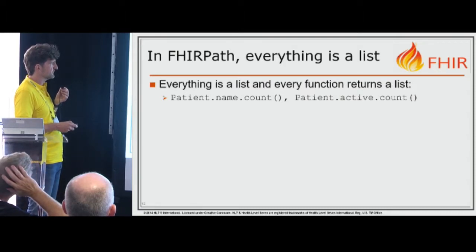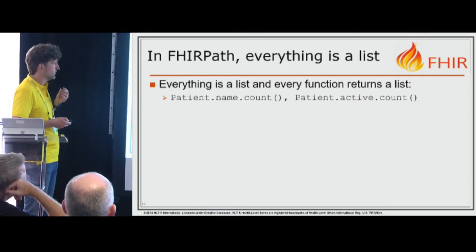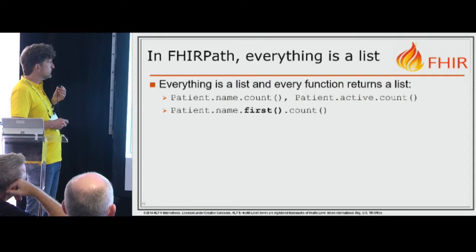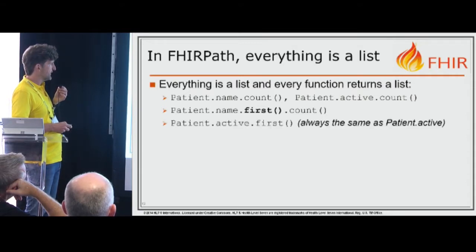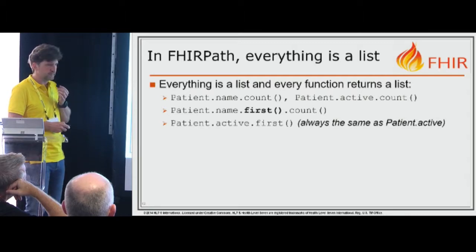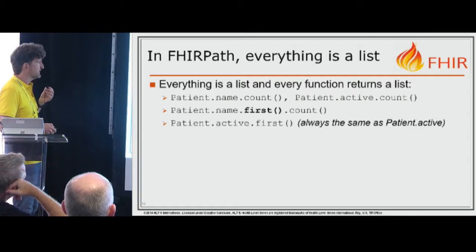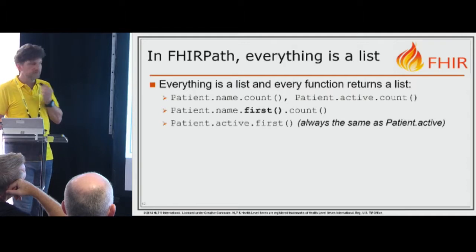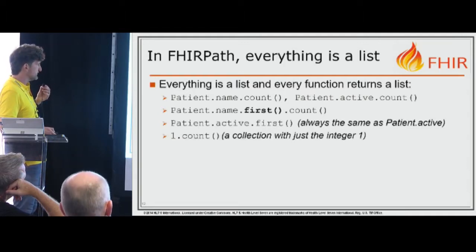This is a list of names, this is a list of active elements, but we know there can be only one. So you can do anything with these list operators, patient.name.first.count, but also patient.active.first. There is no difference from a FHIRPath perspective. Everything is a list.